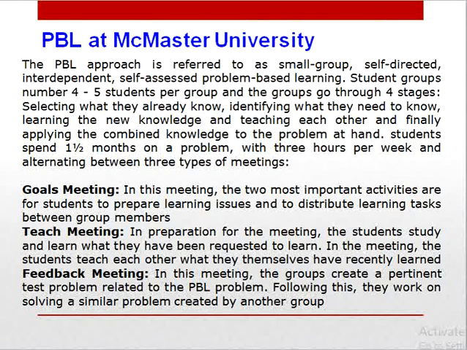So the approach is referred to as small group, self-directed, interdependent, self-assessed problem-based learning. Student groups number 4 to 5 students per group, and the group goes through 4 stages: selecting what they already know, identifying what they need to know, learning the new knowledge and teaching each other, and finally applying the combined knowledge to the problem at hand.